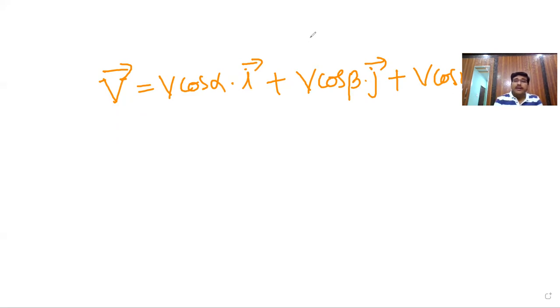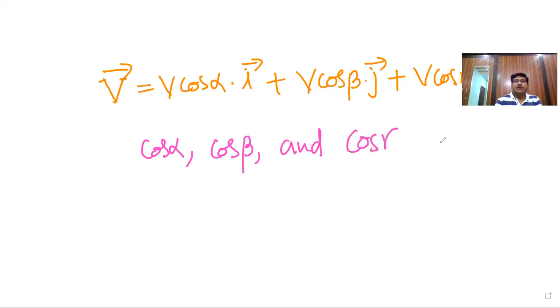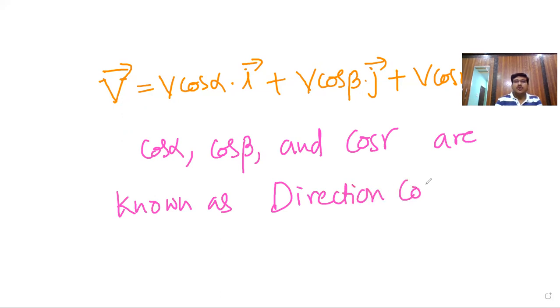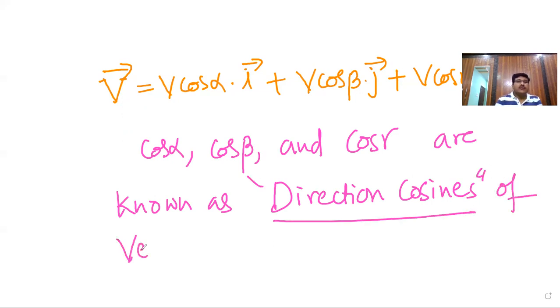Clear? And remember always, cos alpha, cos beta, and cos gamma are known as direction cosines of the vector.